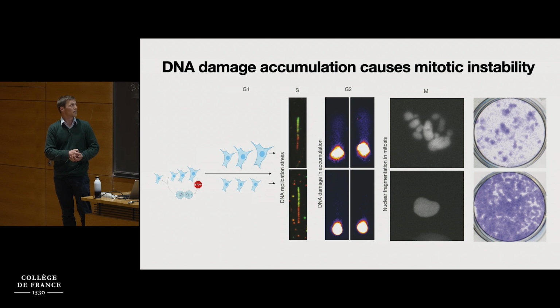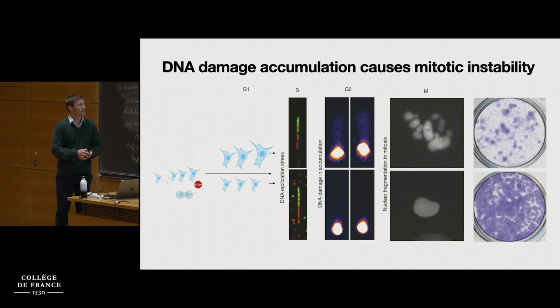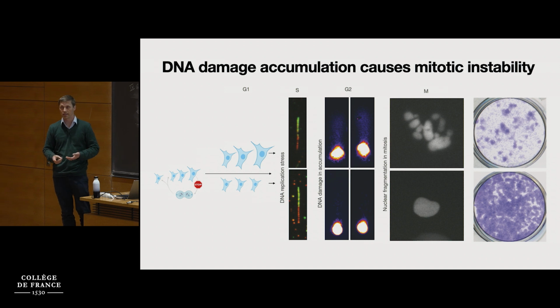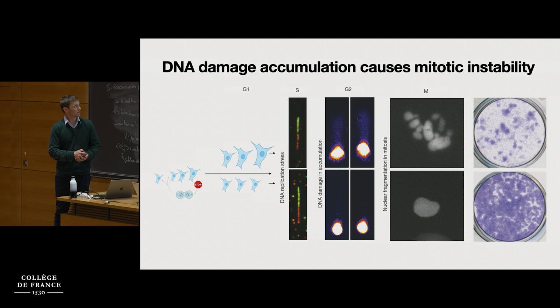And importantly, large cells, when they enter G2, they actually accumulate a lot of damaged DNA. So this is a COMET assay where we use electrophoresis to visualize fragmented DNA. And you see here nuclei from large cells contain a lot of this fragmented DNA after they have gone through S phase. So large cells have problems in S phase, they accumulate DNA damage, but despite this, many of these cells will enter mitosis.